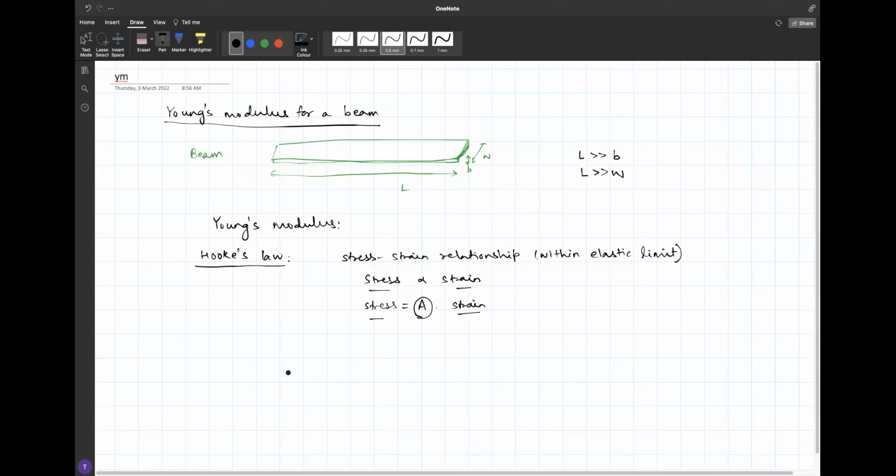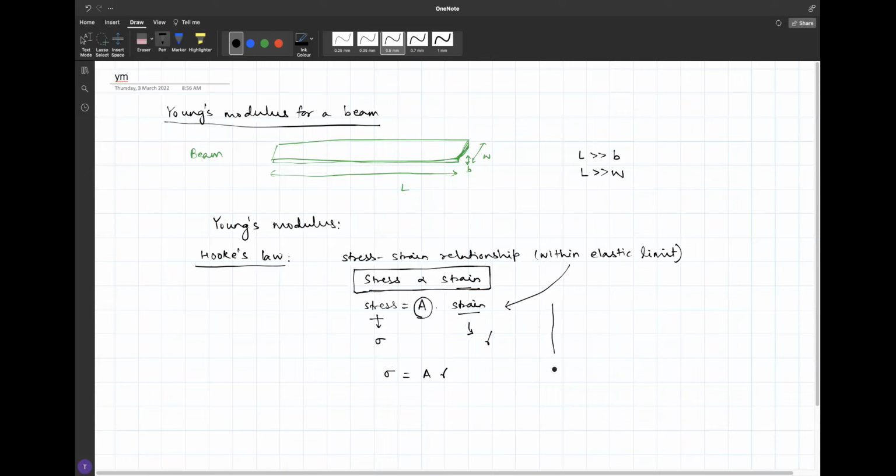So we define strain and stress, and there is a constant of proportionality, which is a modulus. This is an elastic modulus if we are within an elastic limit. What does that mean? It means stress is linearly proportional to the strain. If I denote stress by sigma and strain by gamma, then sigma is A times gamma.